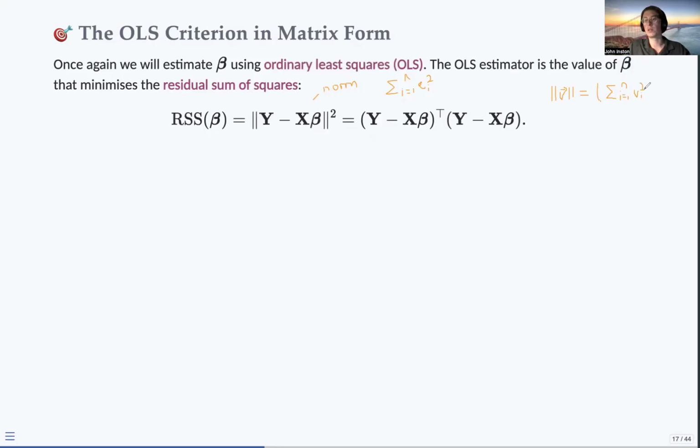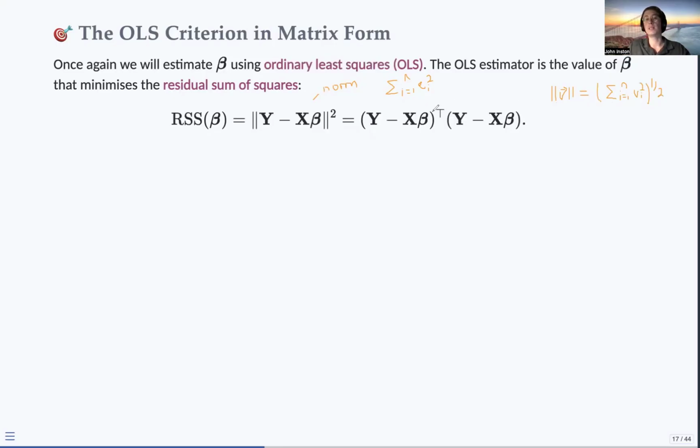So this is what the notation means in linear algebra. It's the norm, taking all of the different elements, squaring them, summing them up and square rooting them.